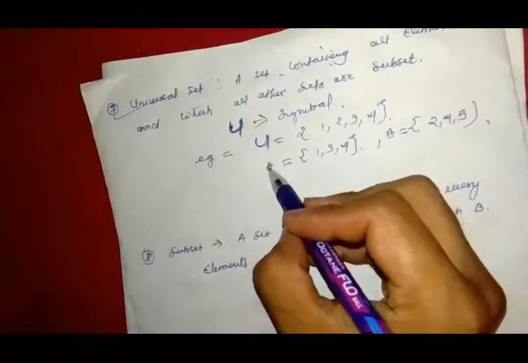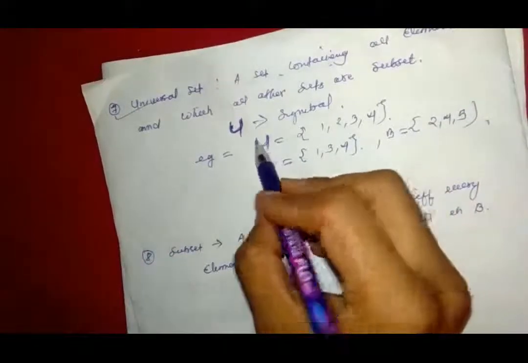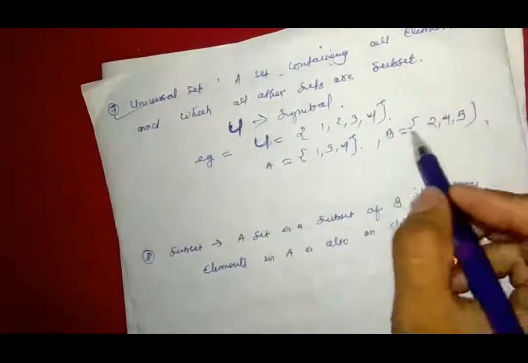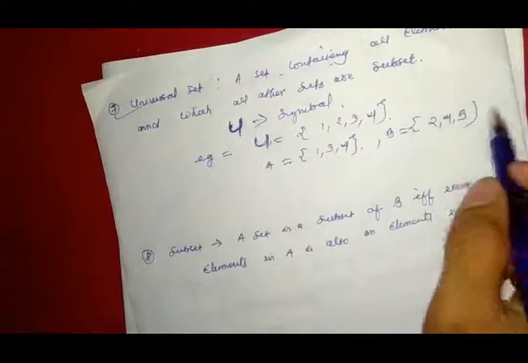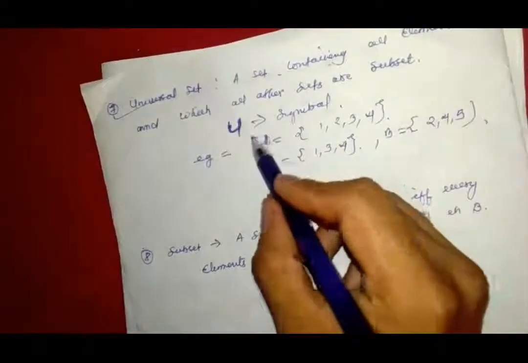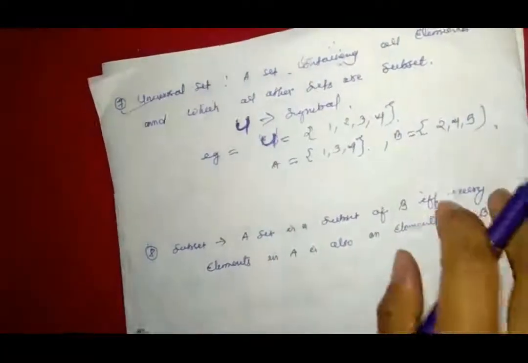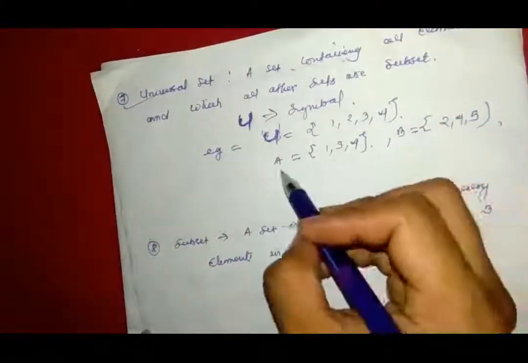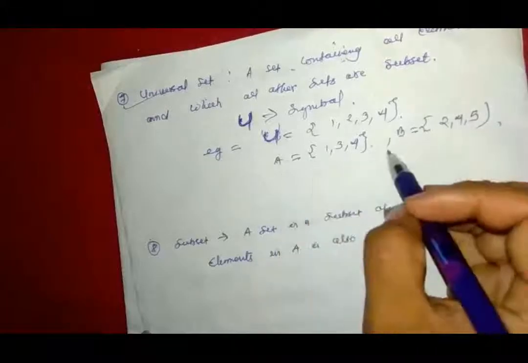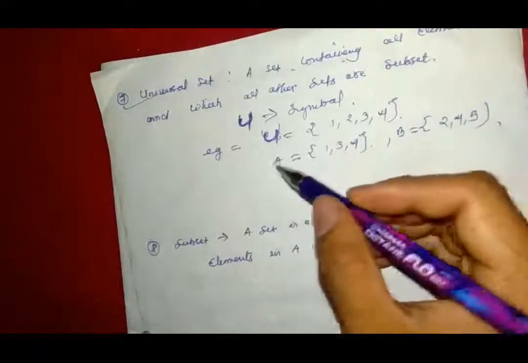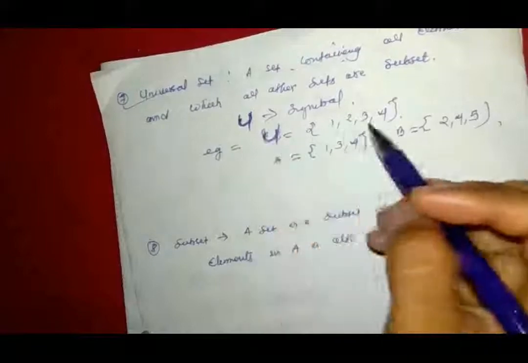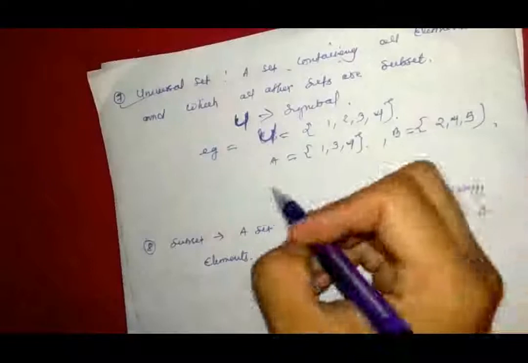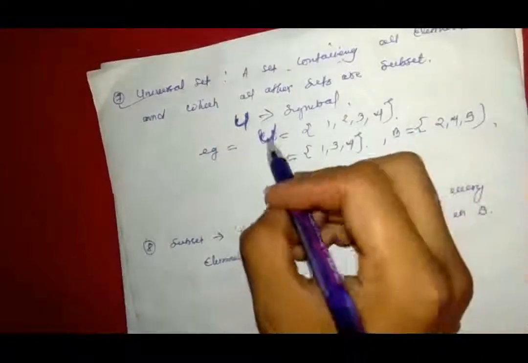A is a proper subset of the universal set U, and B is a proper subset of the given universal set U. Since we see that the elements from A and the elements from B are found in the given universal set U, we can say that A and B are proper subsets of U.